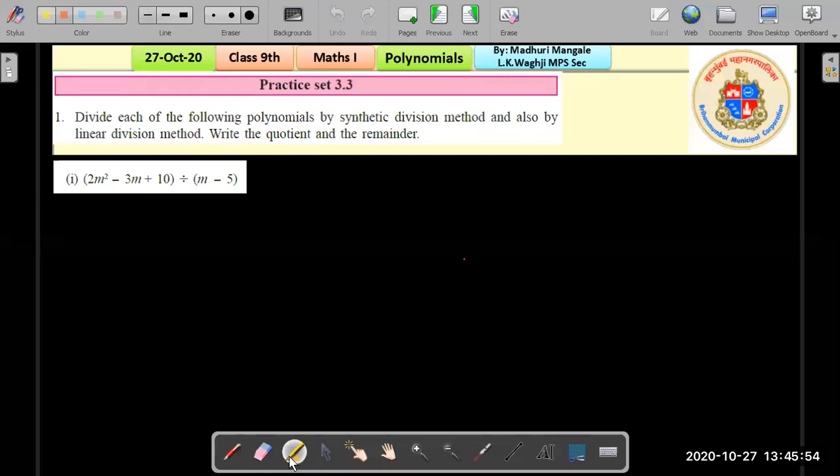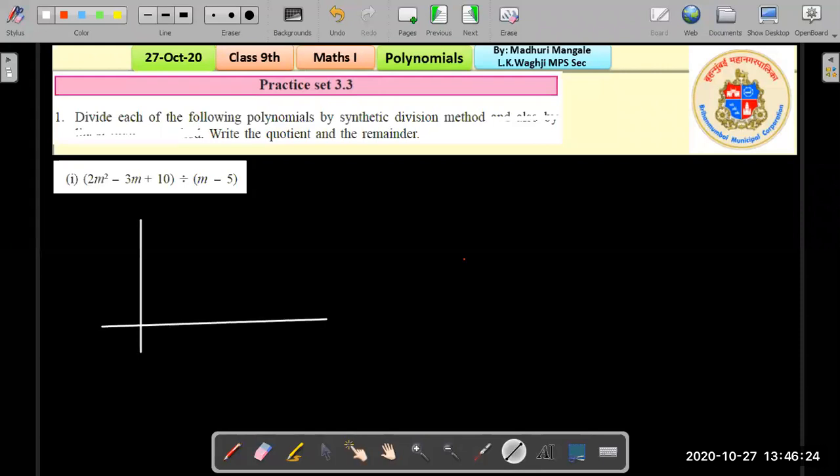For this year, the linear division method has been ruled out. All right, students, so that's not there for this year. Divide each of the following polynomials by synthetic division method, and then we are asked to write the quotient and the remainder. All right, so let's get started. How do we begin with this problem? We start with setting up the synthetic division.